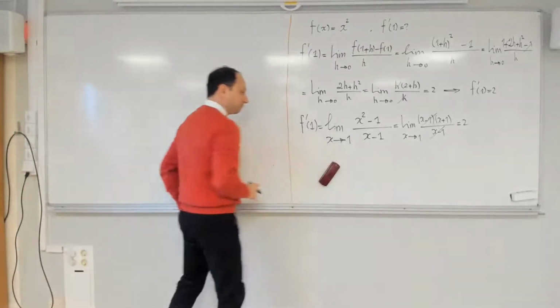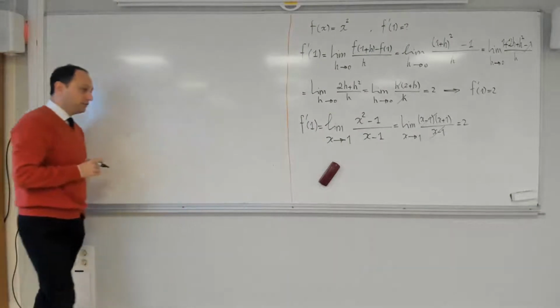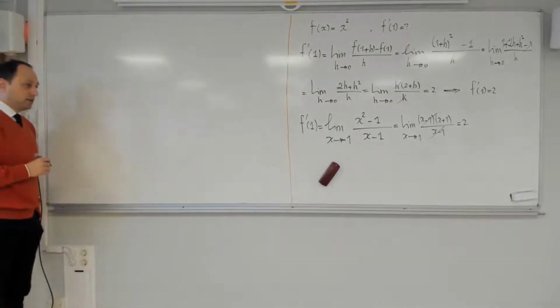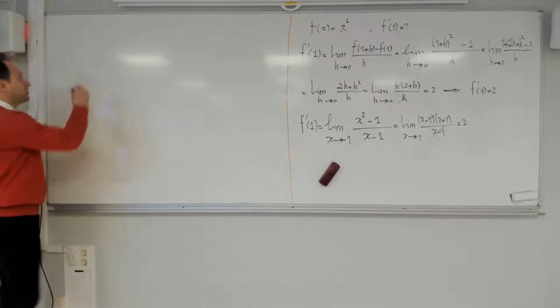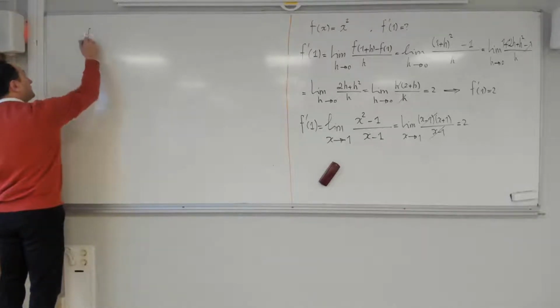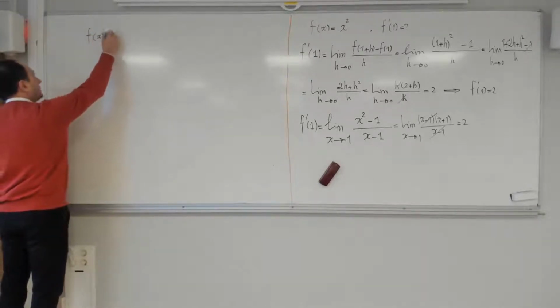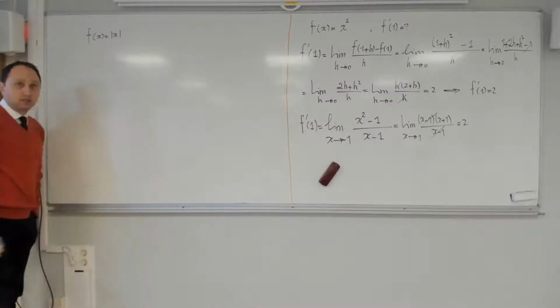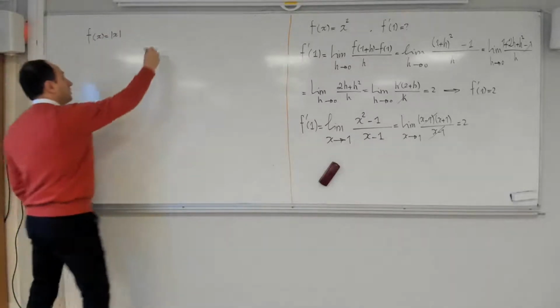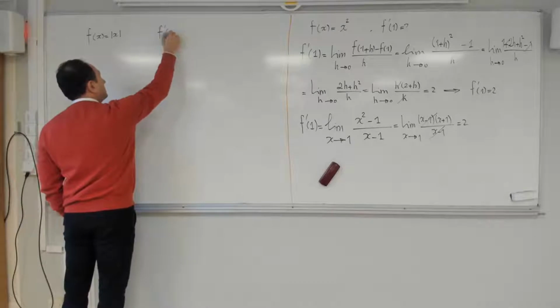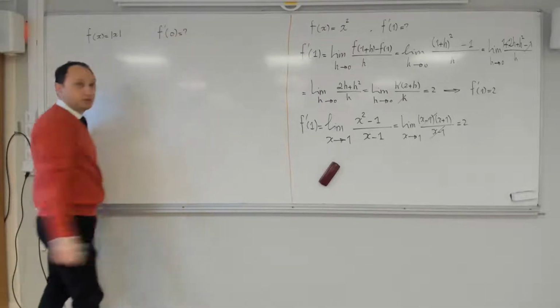Okay, so to give you a flavor about that, let me consider this very simple function, f of x equals to absolute value of x. And then I want to talk about the derivative of this function at point 0, if possible.